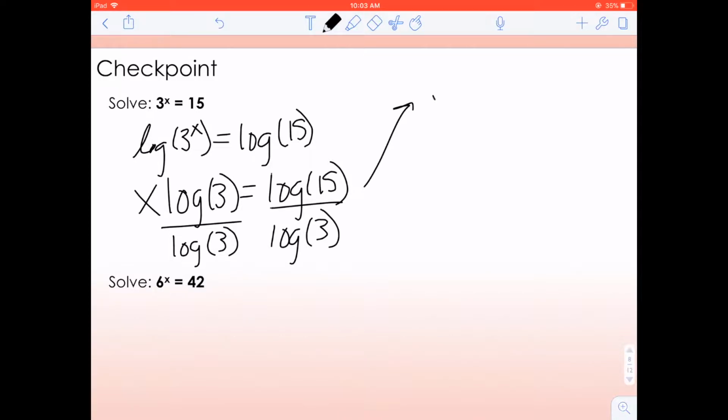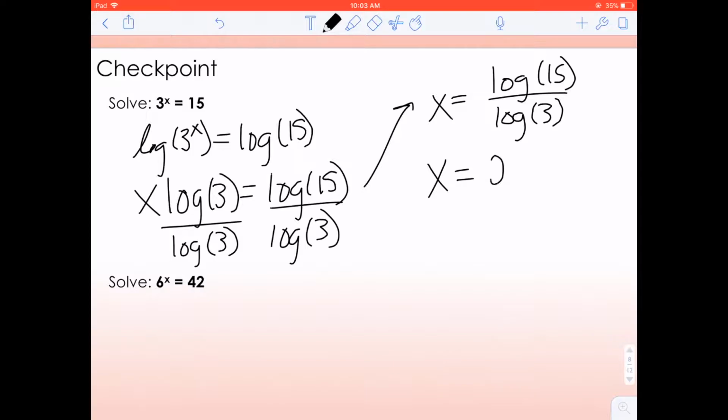And we get x equals log of 15 over log of 3. Now we can just punch that in our calculator. So let's see. Log of 15 divided by log of 3 gives us about 2.464.